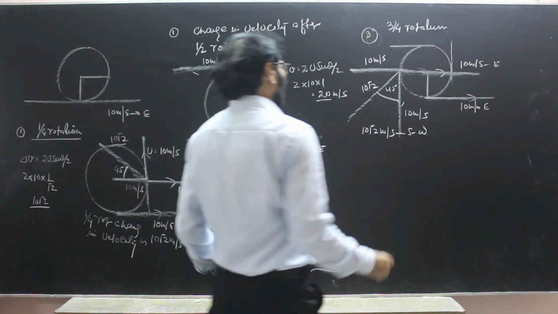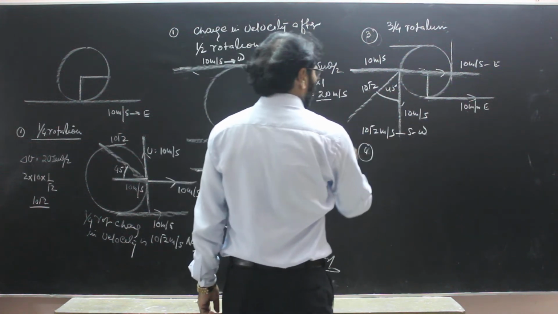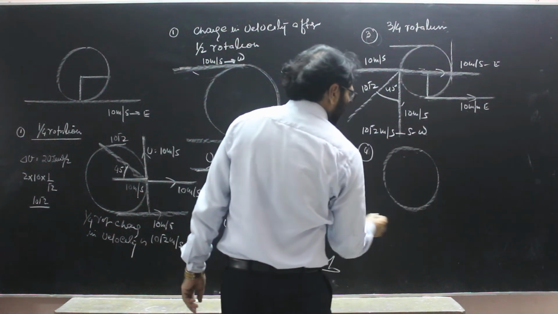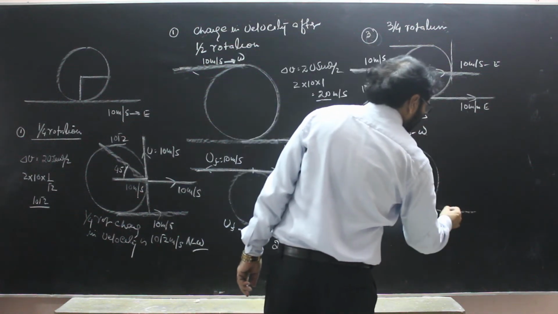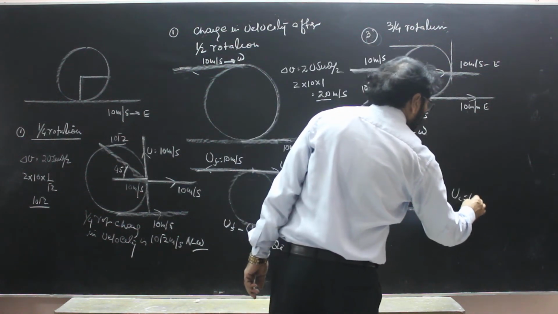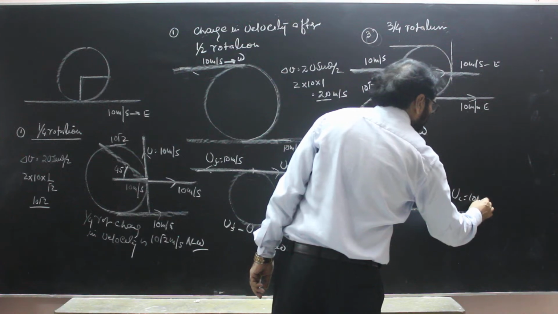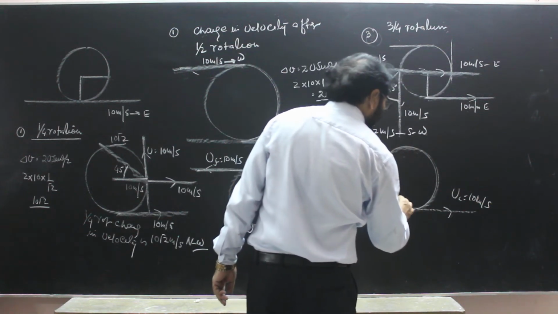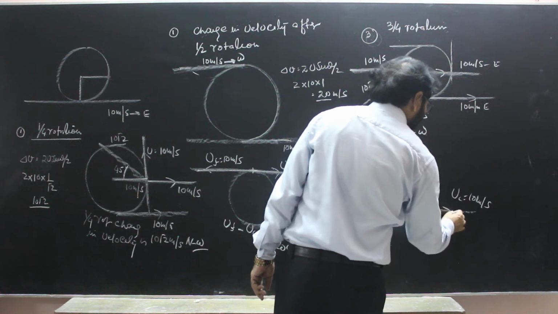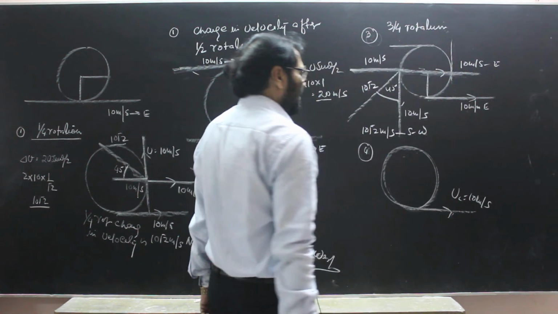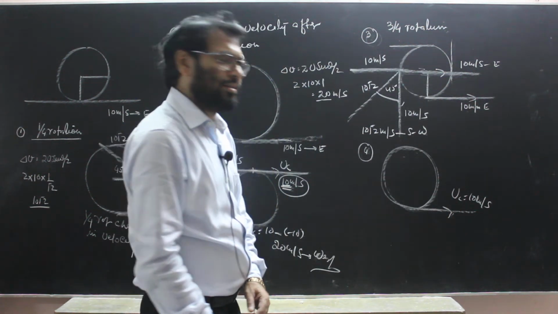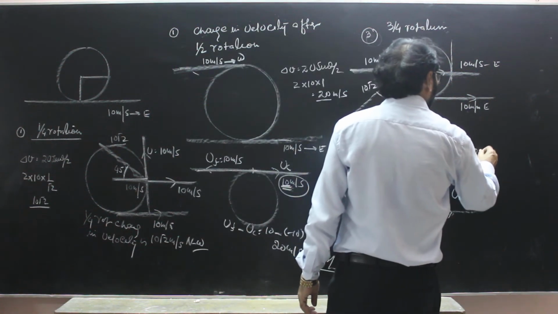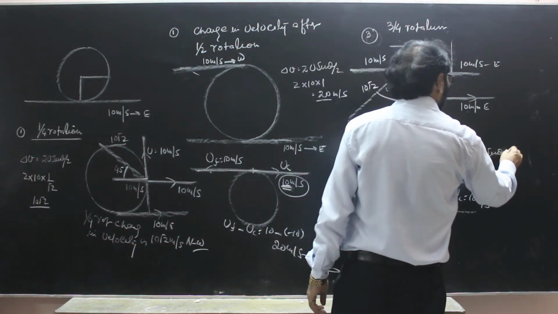Again you can calculate the change in velocity after, of course, one complete rotation. This is initial velocity vi, 10 meter per second, and after one complete rotation, again the angle is 360 or 0. So the change in velocity is 2v sine theta by 2.